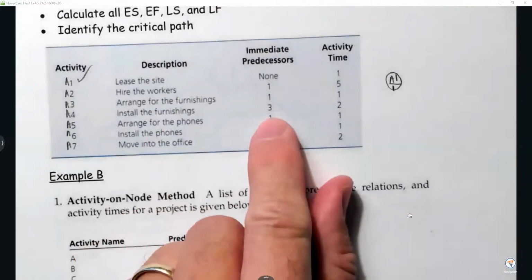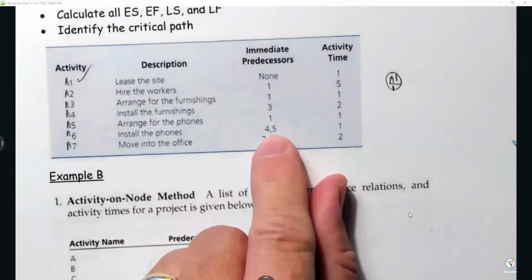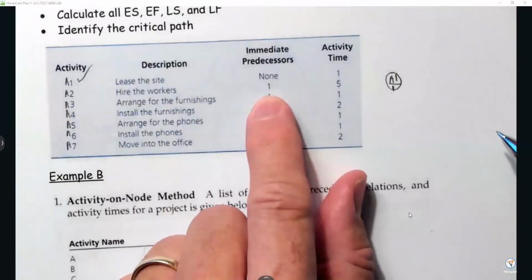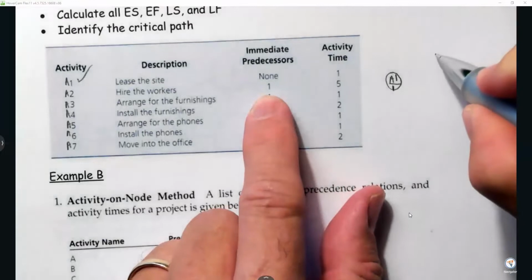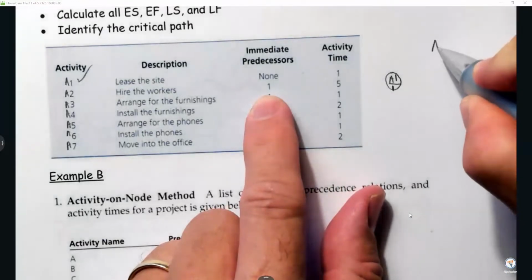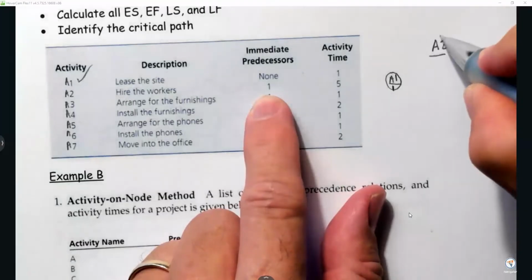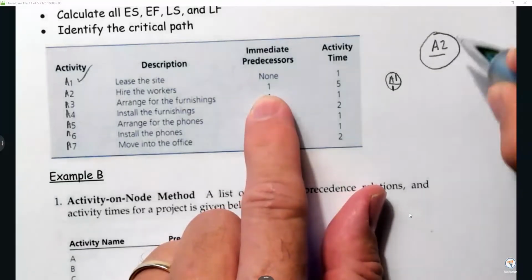Now, the predecessors. A2 only comes from A1. So I'm going to put in A2.